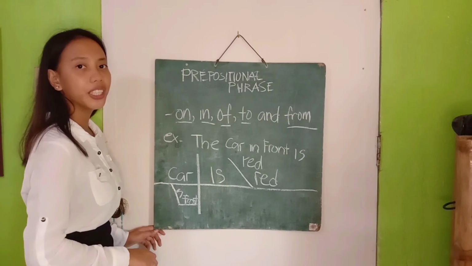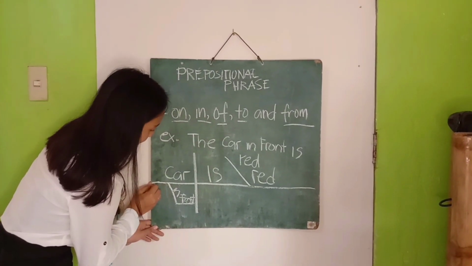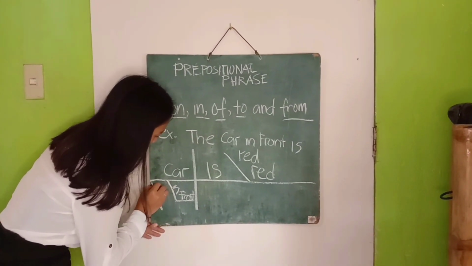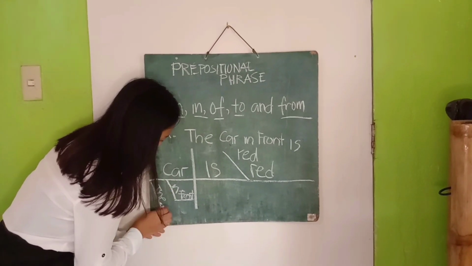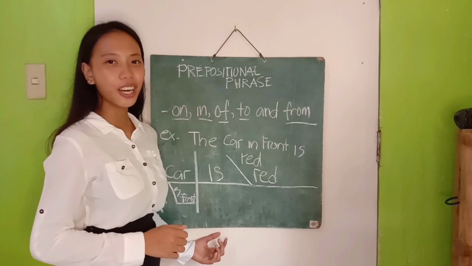And last, for the determiner, draw a slanted line and write the here for the determiner. That's how we diagram a prepositional phrase.